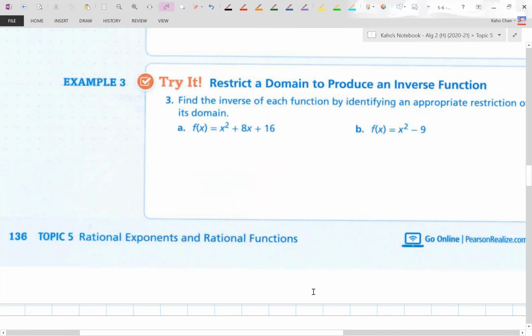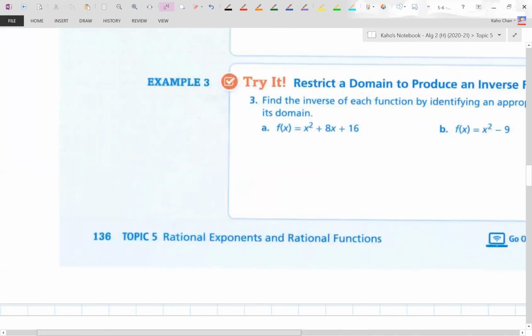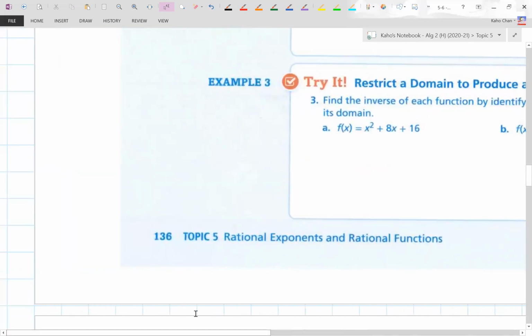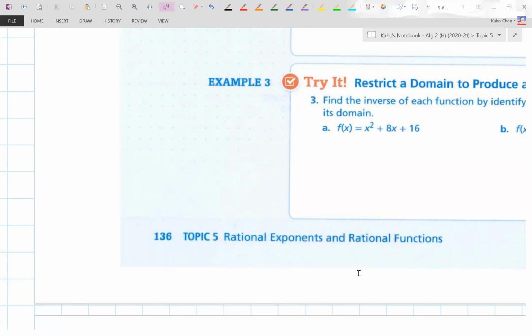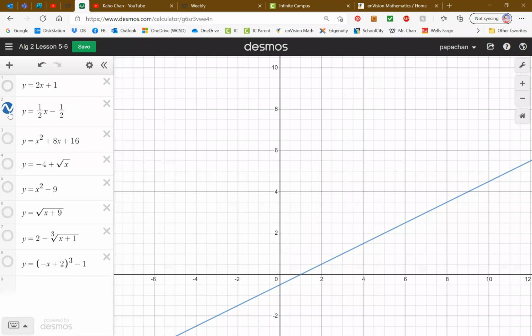Now, this is a situation where the inverse is going to produce something where it's going to cause a little bit of a headache when it comes to defining it as a function, okay? All right, so first off, I'm going to go ahead and graph on Desmos 3a to just show you what it looks like and remind you what that is from the past.